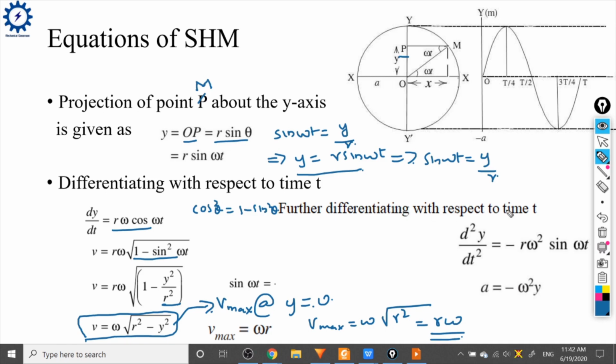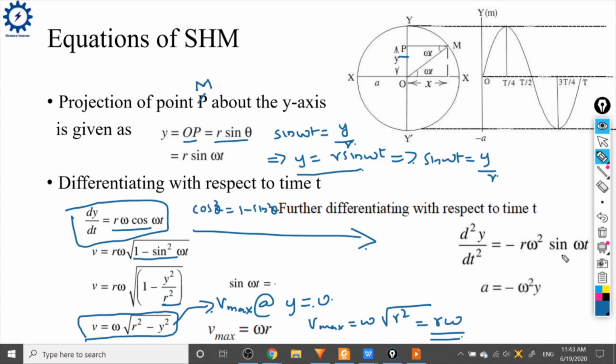Similarly, our next attempt is to determine the expression for acceleration. We have this value, which is nothing but the expression for velocity. We are once again differentiating this expression, so we will be getting d square y by dt square.